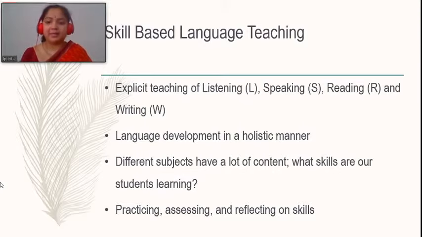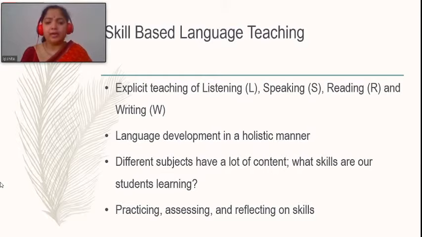Now, in skill-based teaching, the advantage is that we are looking at the holistic development of language, the whole language. We are trying to ensure that the learners' writing, reading, speaking, and listening, all 4 skills, get formed equally well, right?